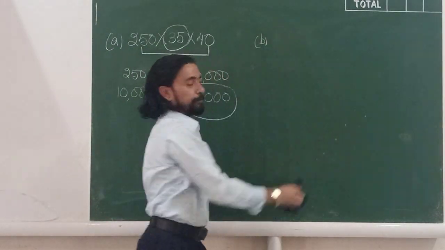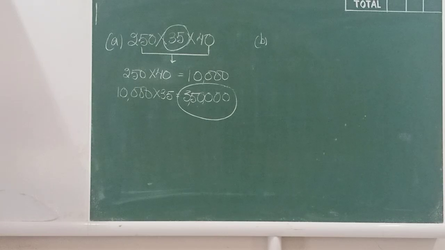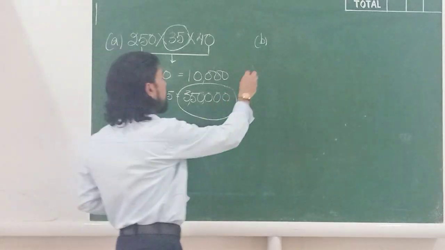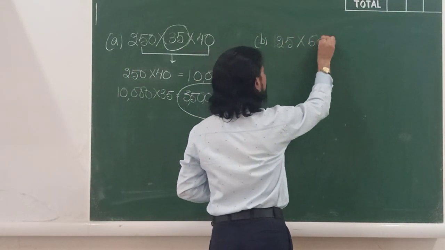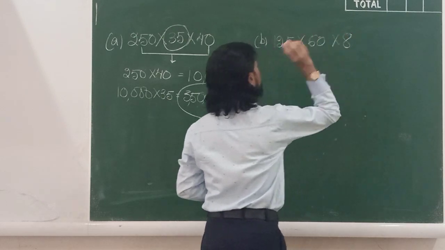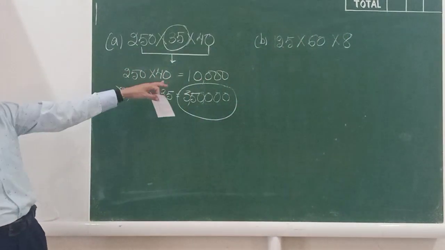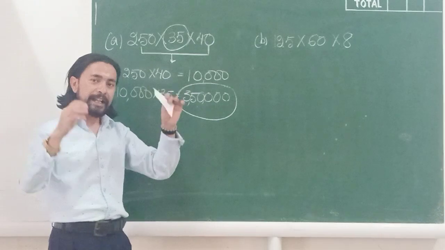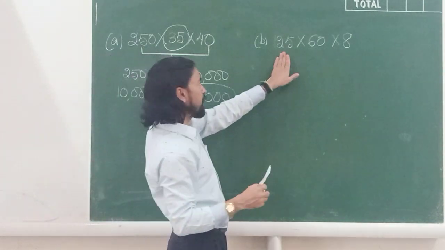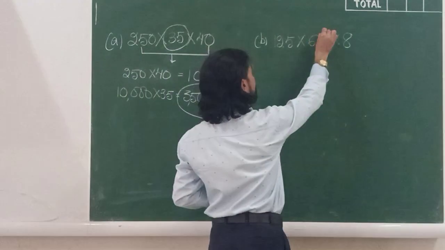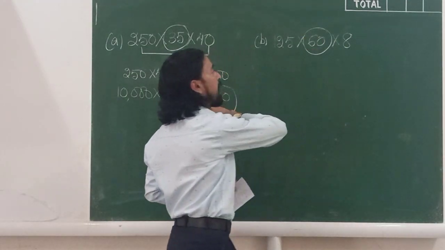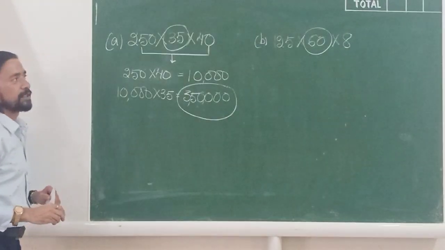The sum is 125 into 60 into 8. Now again, when I look at the sum and I look at my table, I do have 125 and I do have 8. But I don't have 60 anywhere. So I will circle that and I will segregate it.